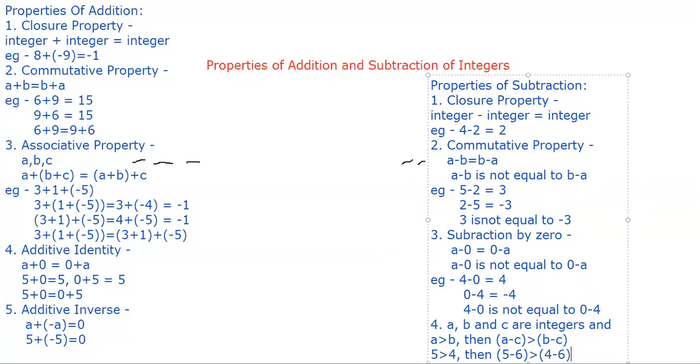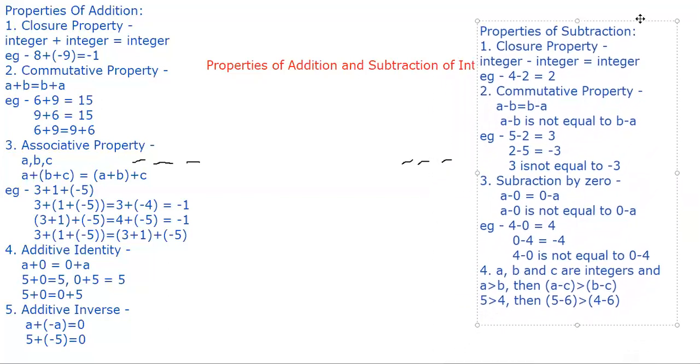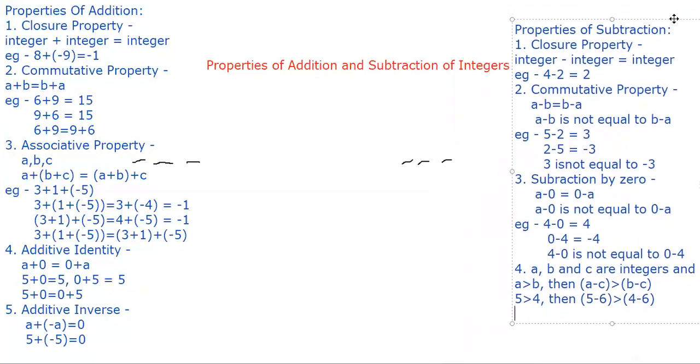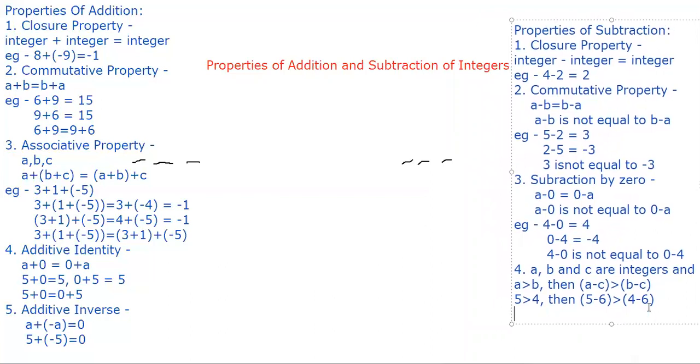How do we prove it? 5 minus 6, everyone knows, is minus 1.